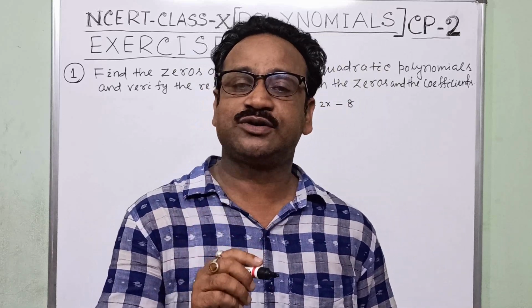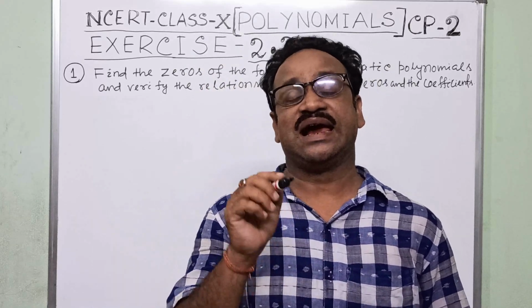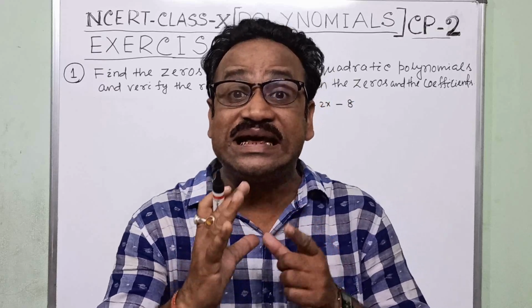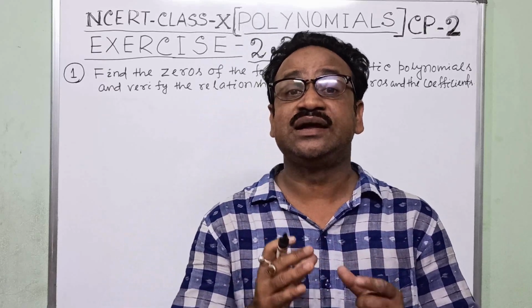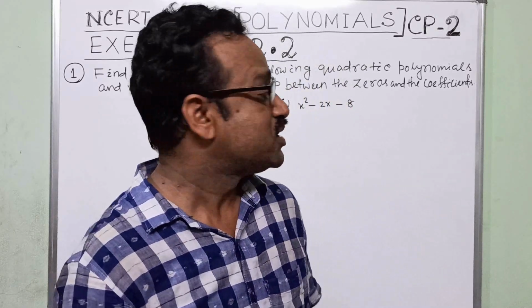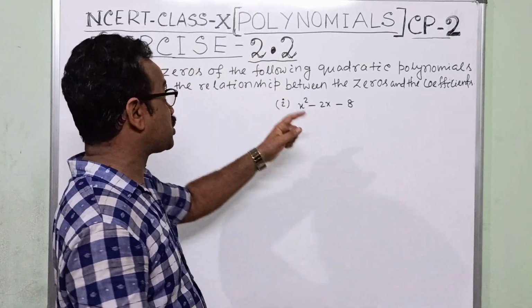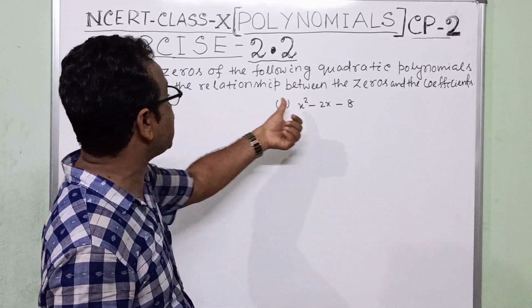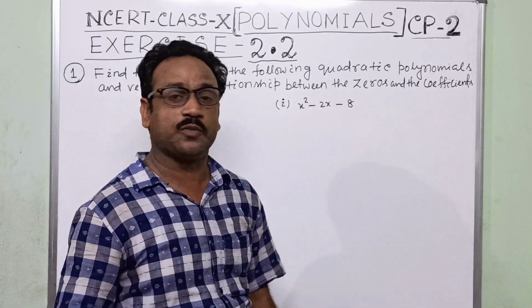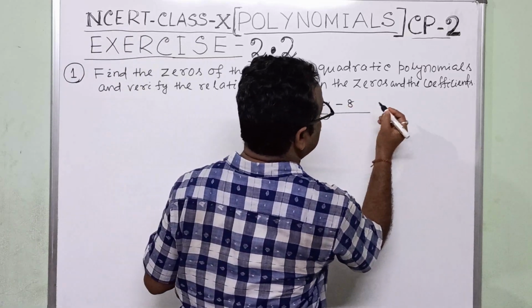Here we will find the zeros of the polynomial as well as the relationship between the zeros and coefficients. So now see: find the zeros of the following quadratic polynomials, and verify the relationship between the zeros and coefficients. Quadratic, degree 2.